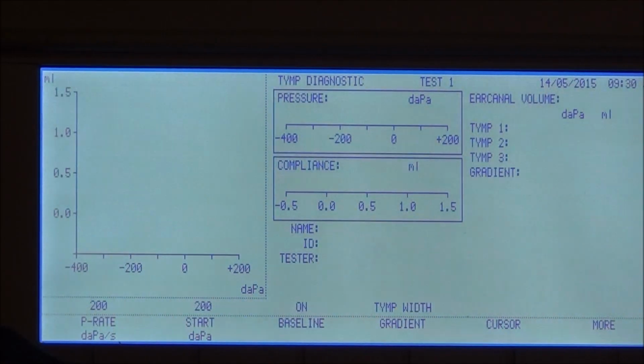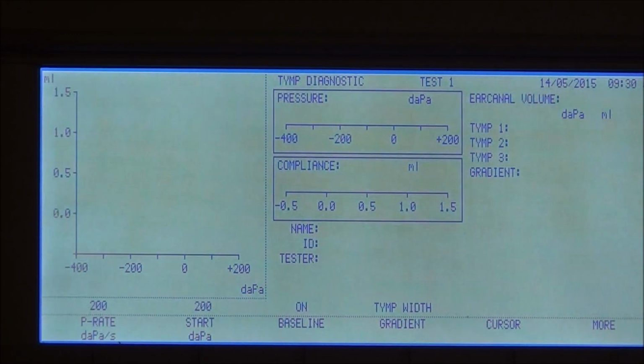Then other than that, you have baseline on and off. Baseline means compensated and uncompensated. If we say baseline on, it means compensated; baseline off means uncompensated. The difference between compensated and uncompensated tympanogram is the ear canal volume. You can make this out from the tympanogram by looking at it.